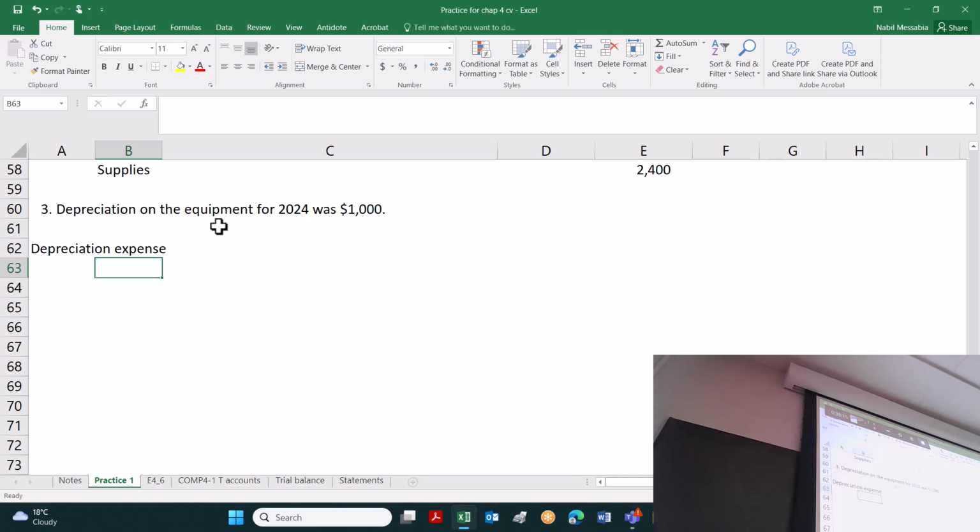I have equipment with an original cost, let's say $20,000, and then that equipment is subject to depreciation. It lost $1,000. So its value is $19,000. Okay. You are correct.